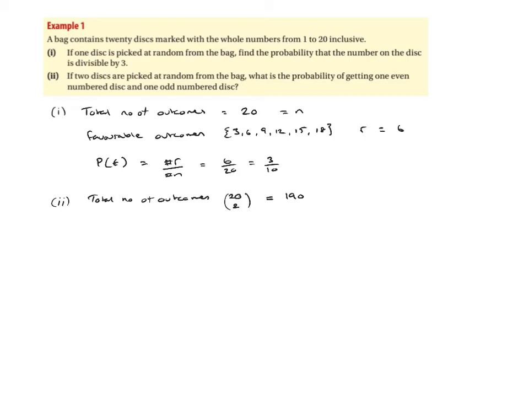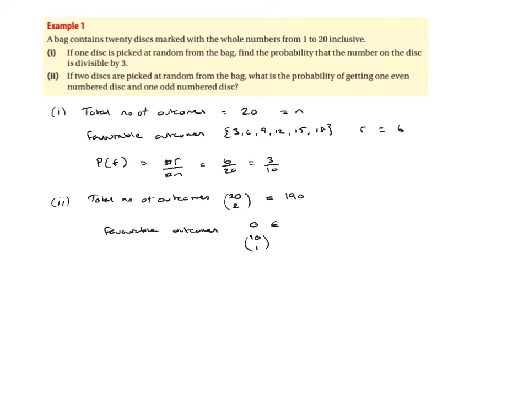The next thing we want to do is find the probability of getting one even and one odd. Again, we're just trying to work out the number of favourable outcomes. If we put odd and even there, you can hopefully see that we have 10 odd numbers and we want to choose one of them.